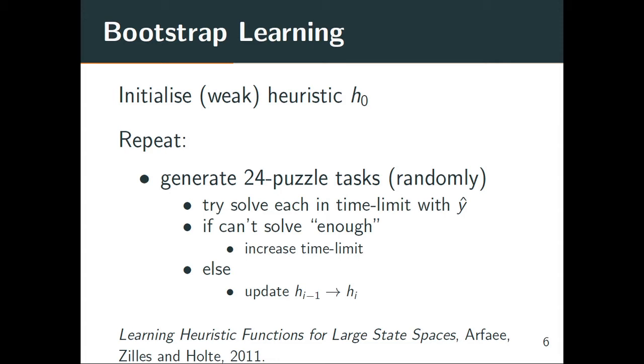We try to solve each task with the current heuristic in some time limit. If we can't solve enough tasks, we increase the time limit, and we keep increasing the time limit until such time as enough tasks are solved. Once enough tasks are solved, we update our current heuristic and make it stronger by training it on the plans of the solved tasks, thus making it a stronger heuristic.